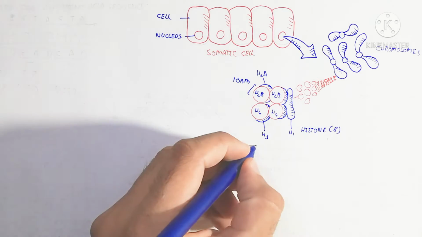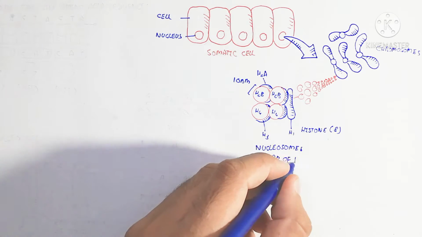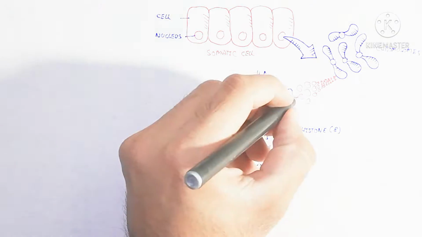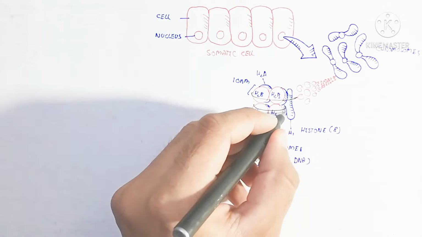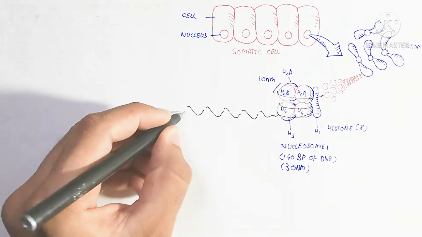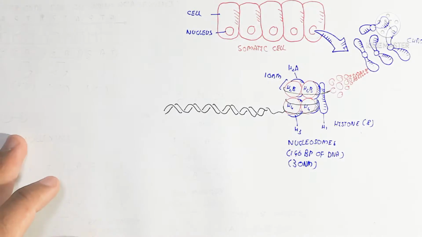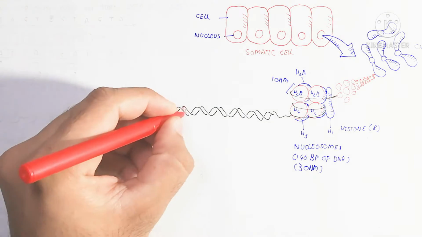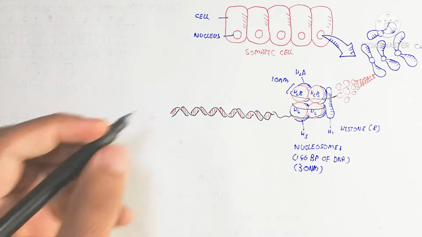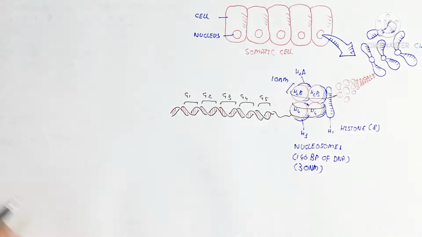This nucleosome contains one bead of histone protein of 10 nanometers, while the total size is 30 nanometers, and it contains about 106 base pairs of DNA. So this is the 8 histone protein monomers.